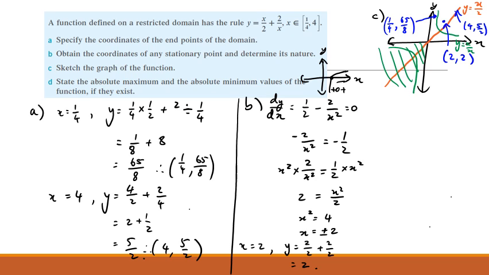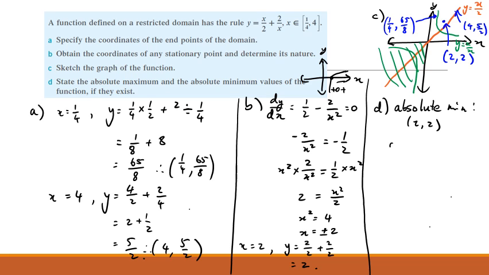Alright, state the absolute maximum and absolute minimum values for the function. So that means we want the biggest, so the largest point and the smallest point. So the smallest point for this will be at 2, 2, and then the maximum point will be at, that doesn't look quite right, 65 over 8.